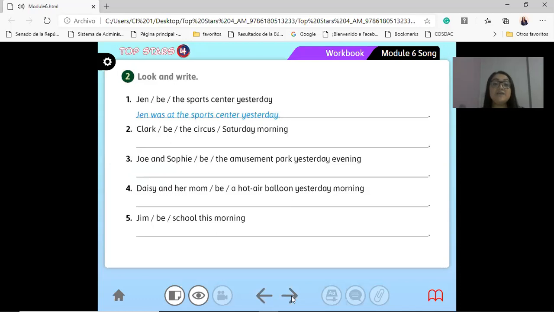We have in here, we need to pass these sentences in past tense. Look and write. We have to change all of this, okay? The verb be. Jane was at the sports center yesterday. Then we have number 2.